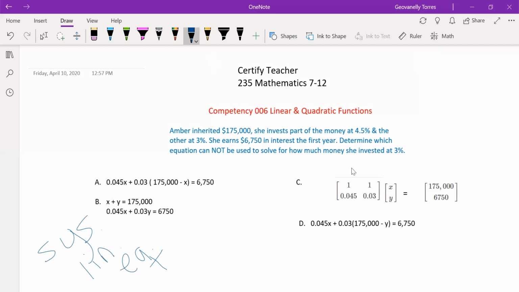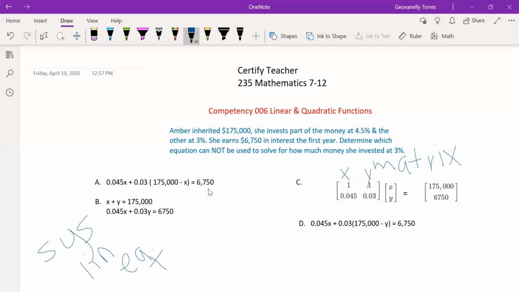Now, if we look at answer choice C, we have something very similar. Answer choice C is just answer choice B in matrix form, where this column is x and this column is y.